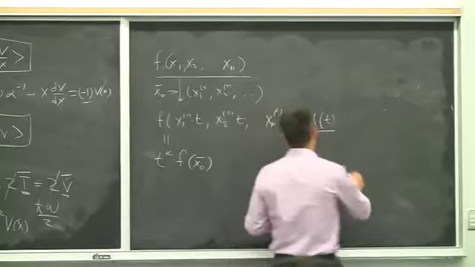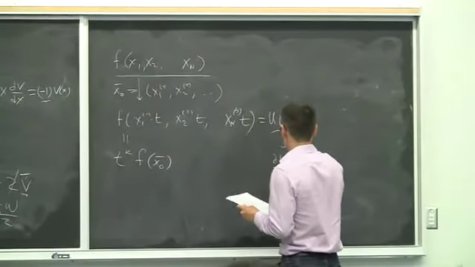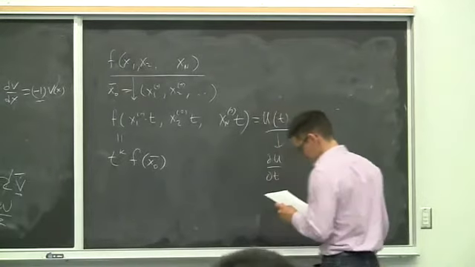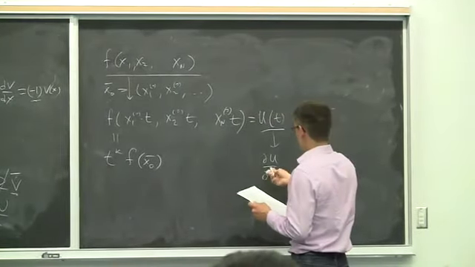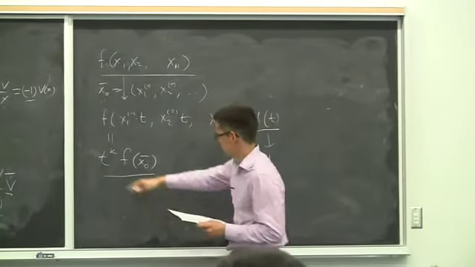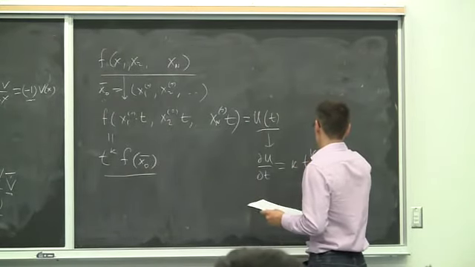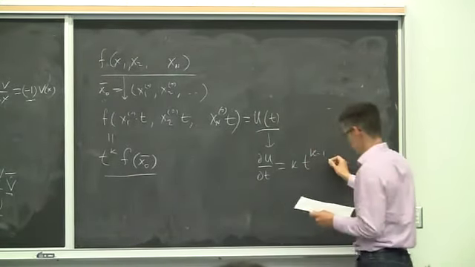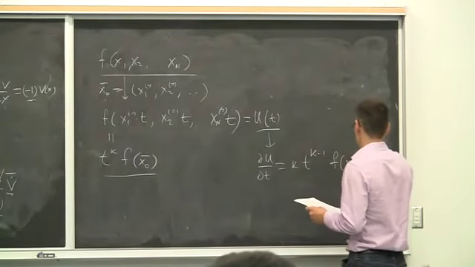And then what we also can do is differentiate du over dt. And simply, since du over dt, you can differentiate this quantity. It is k t^(k-1), and then the f at the point x0.